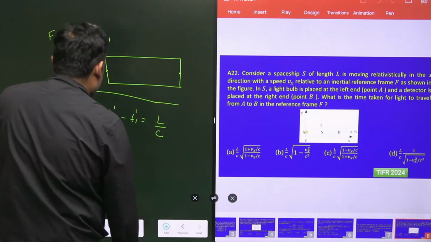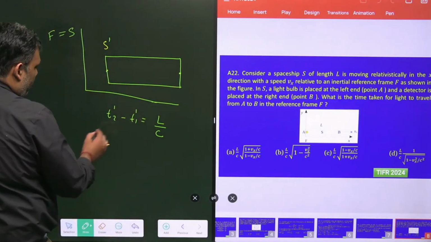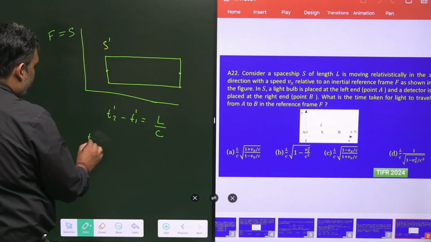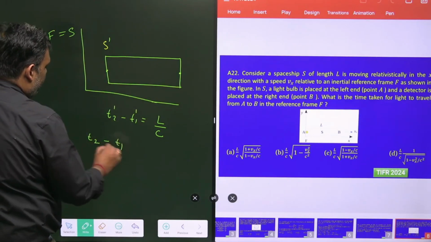From the S frame we can write this time as T2 minus T1.